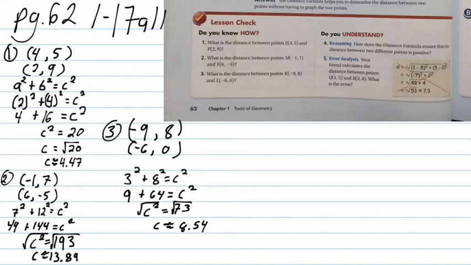So again, your friend subtracted 1 minus 8. 1 is an x, 8 is a y. You don't want to subtract your x's from your y's. That would be incorrect.